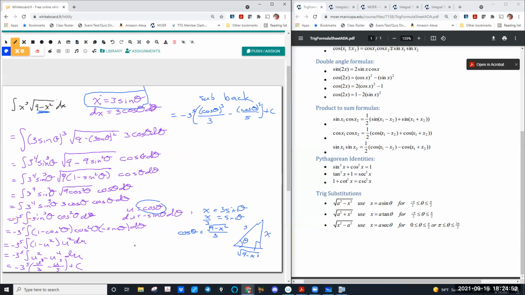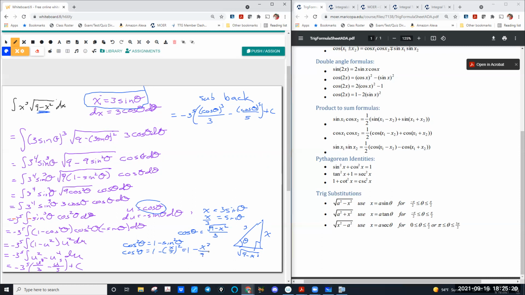If we had done the Pythagorean identity, we know that cosine squared theta equals 1 minus sine squared theta. So we plug that in. We have cosine squared theta equals 1 minus x over 3 squared, or 1 minus x squared over 9.